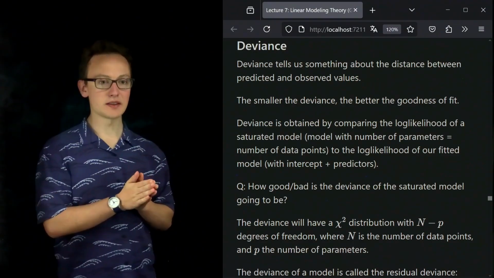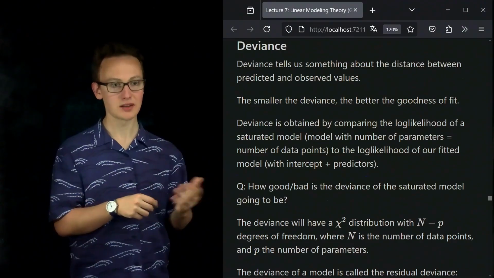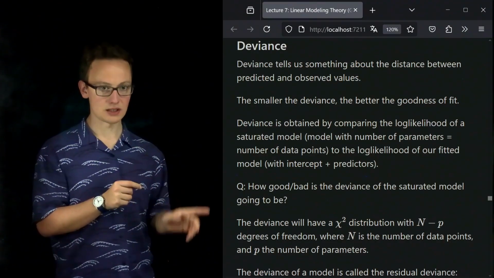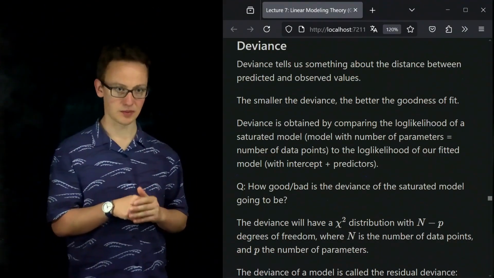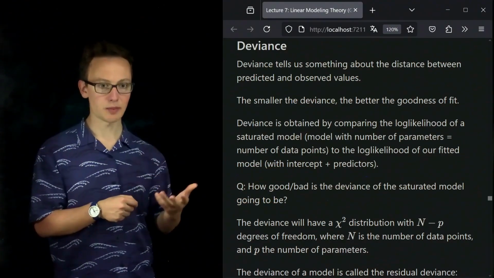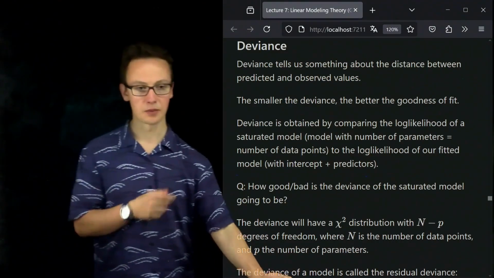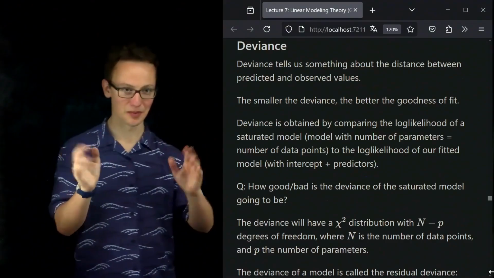Now, the deviance follows a chi-square distribution with the degrees of freedom parameter of that chi-square distribution set to n minus p, where n here is the number of data points and p the number of parameters. We're going to see some examples to make this a bit more concrete, right?